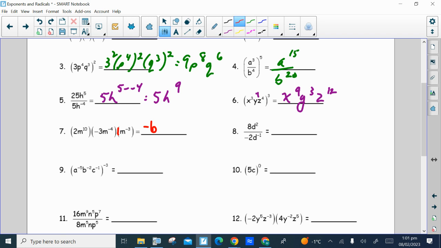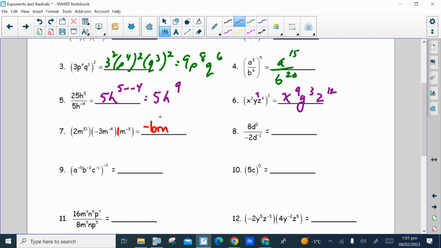Stanley? What do we do to multiply those 3 m's together? Brooklyn Lorenz, can you help them? And what happens to the base?